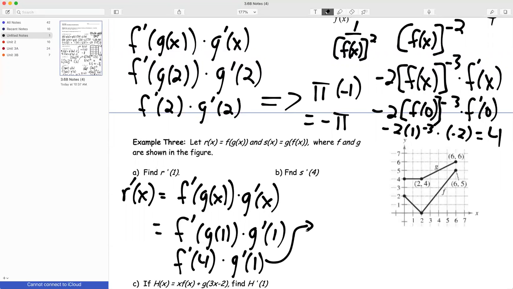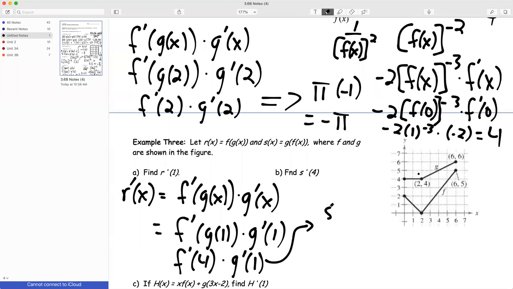So how do I get f prime of 4? I'm going to go to my graph and find the slope of the f line at 4, which is the slope of this line segment here. Starting at the point (2, 0), I'm going to go up 1, 2, 3, 4, 5, and over 4.